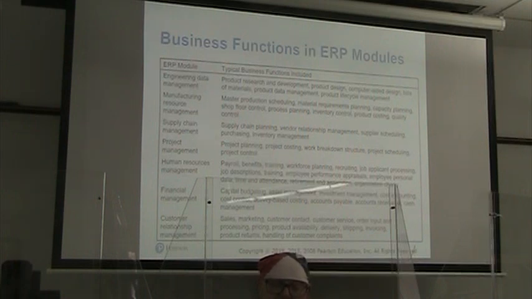Our supply chain management is going to be supply chain planning, vendor relationship management, supplier scheduling, purchasing, and inventory management. Project management is going to include project planning, project costing, work breakdown structure, project scheduling, and project control.